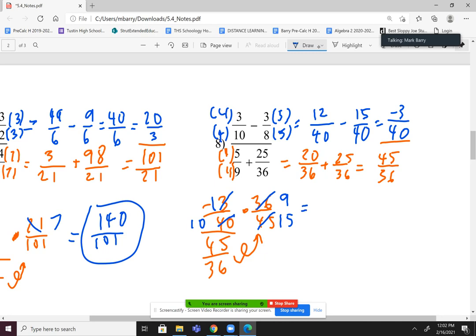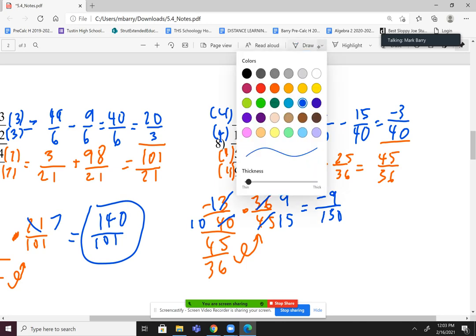All right, so top times top up top, bottom times bottom on bottom. Shoot, that doesn't feel like it's fully reduced. Nope, those are both divisible by 3, so I'm actually going to reduce this a little bit more.